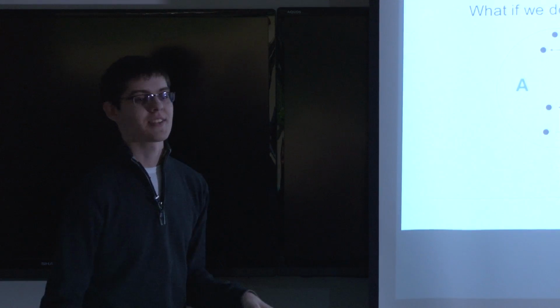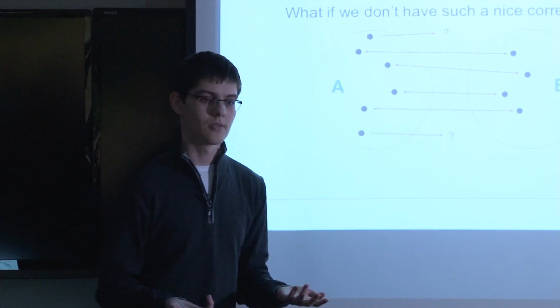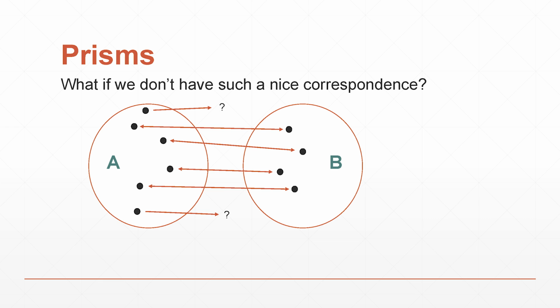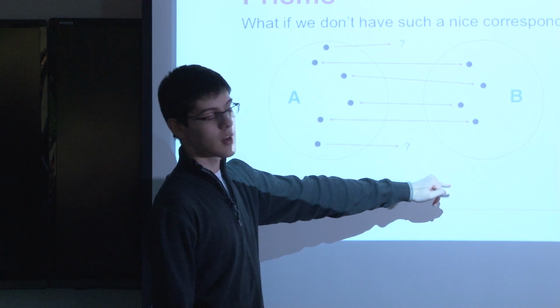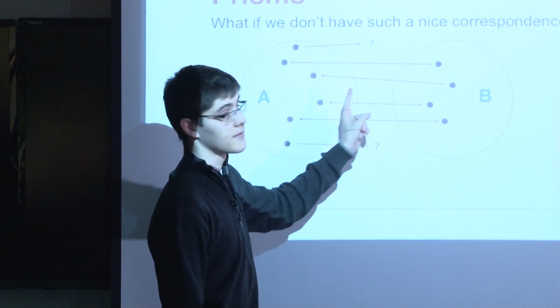But what if we don't have such a nice correspondence? Not everything is equal. This is what we call prisms, where some values of A don't have a target. But a subset of A does have a function and an inverse.